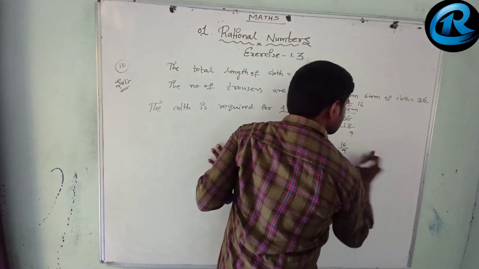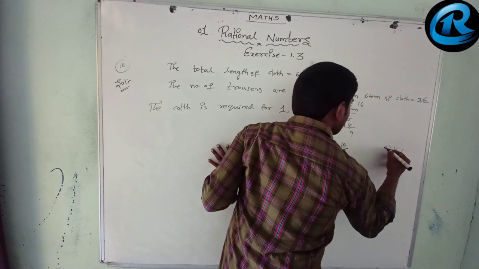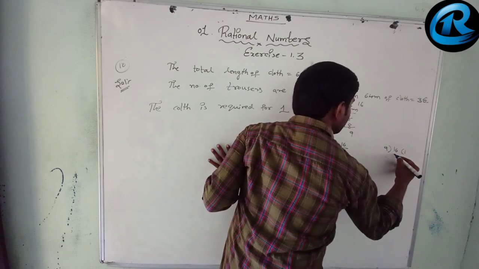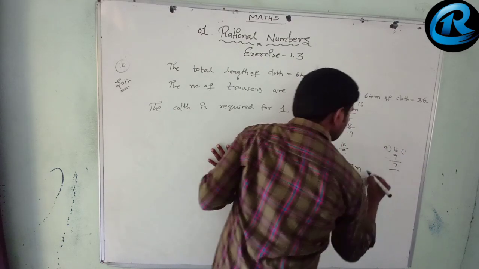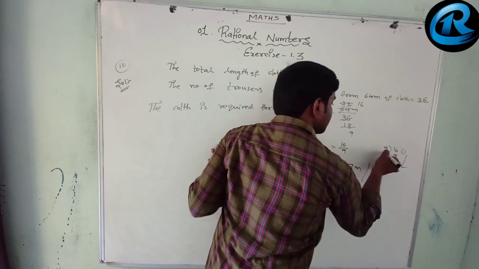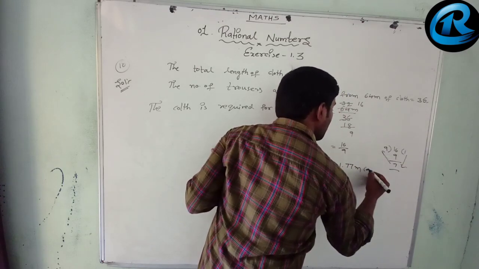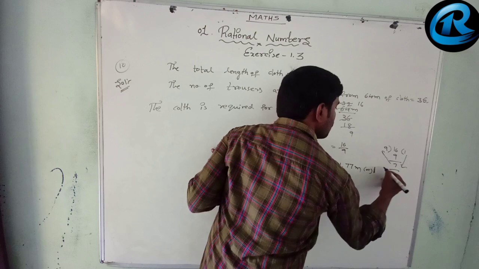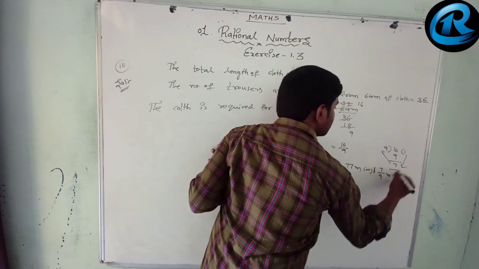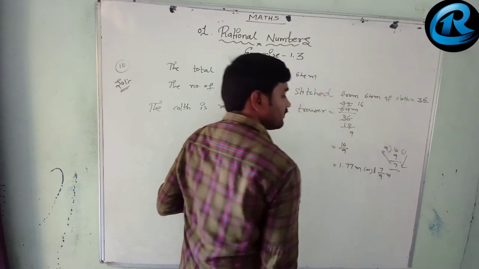Or the same answer we can write like this: when you divide 16 by 9 you get 1 whole 7 by 9 meters.